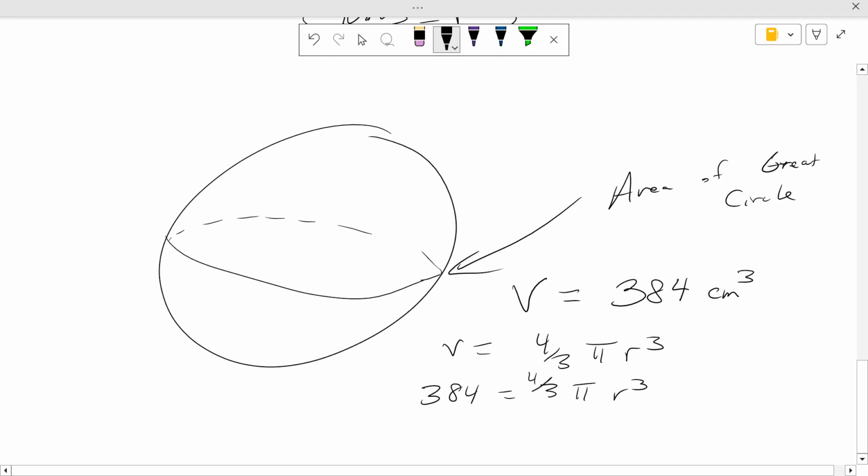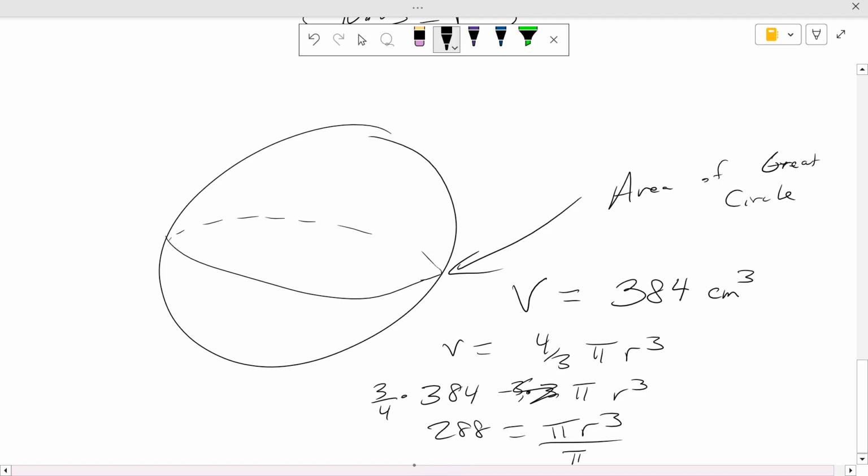Okay, so to get rid of 4/3, we multiply by 3/4. So take 3/4 on each side. What's 3/4 of 384? 288 equals pi r cubed.